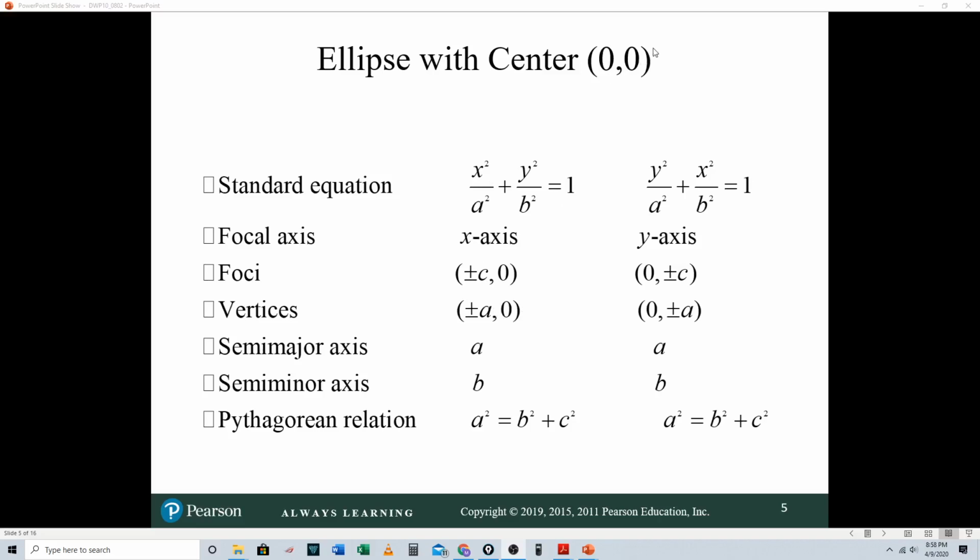Just like with the parabola, some of the questions are going to be easier because they're based around the origin. So the focal axis is the x-axis because this is flat, stretching left and right. Here the focal axis is the y-axis because this stretches up and down.